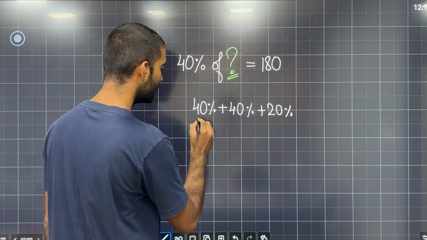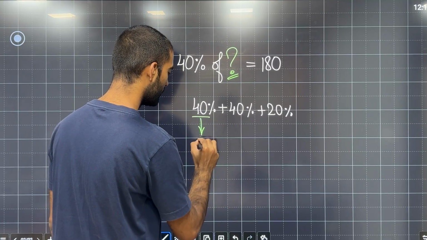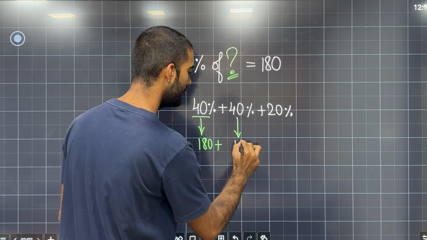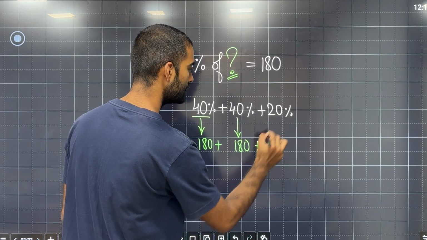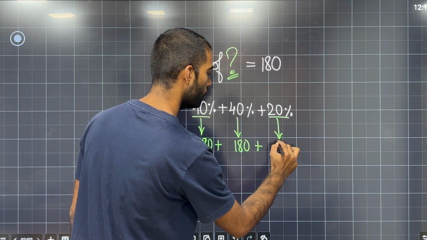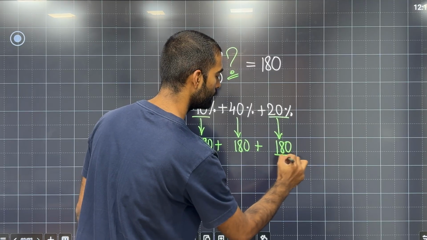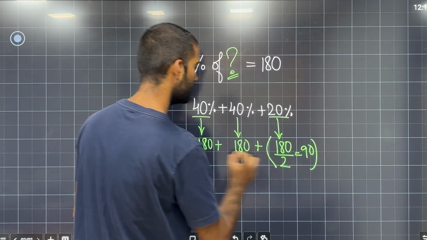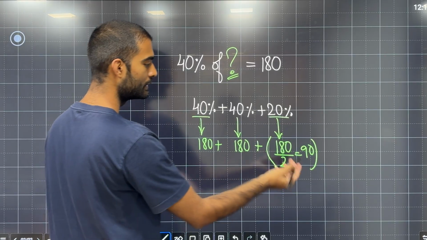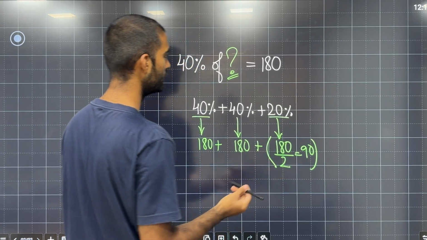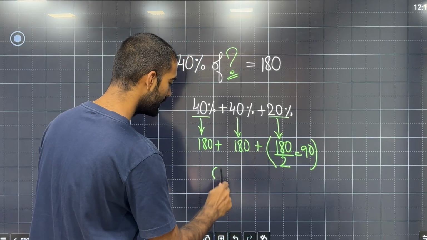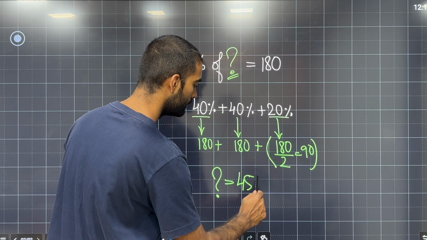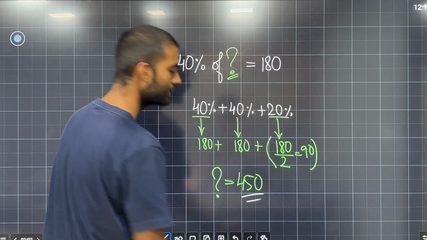So this is nothing but 180 plus 180 plus 180 divided by 2, which comes out to be 90. So 180 plus 180 is 360 plus 90 is 450. So this something comes out to be 450, and this is our answer.